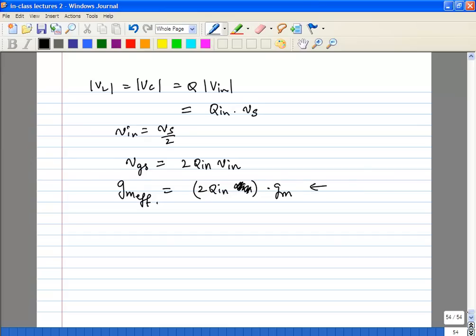Okay. So what do you do about the output? It looks like we are all set for the input. So let's replace this by this GM effective, times V in. What do you do at the output?